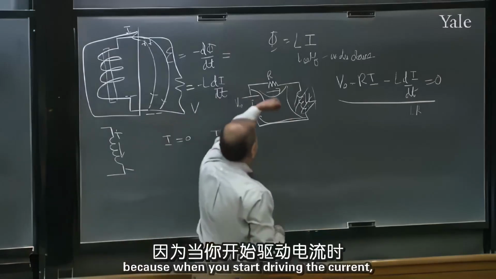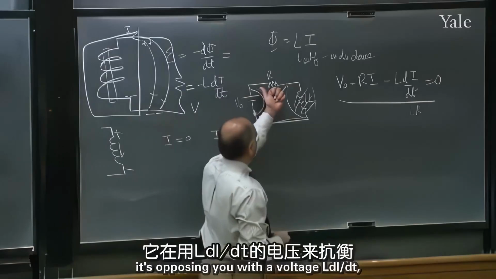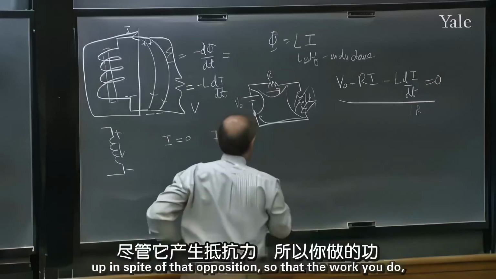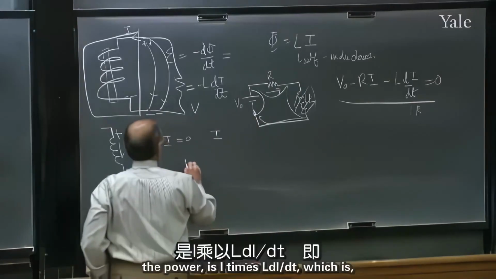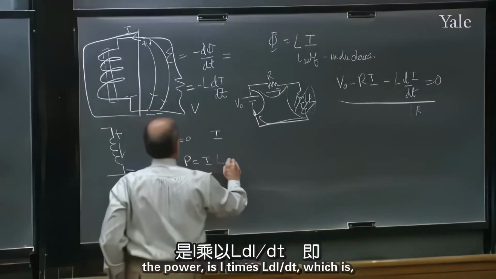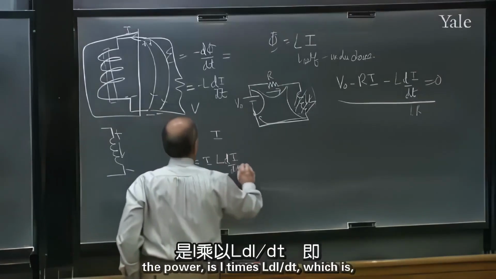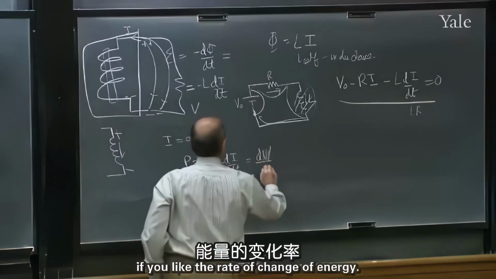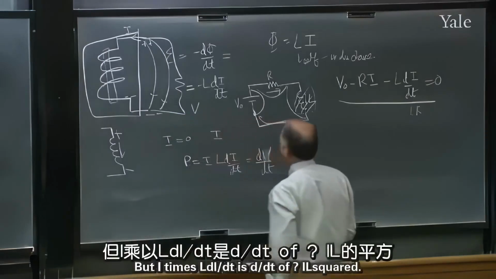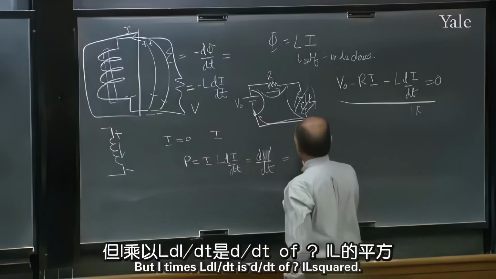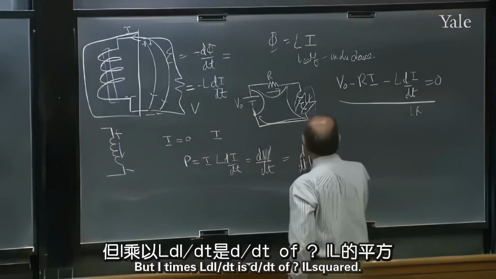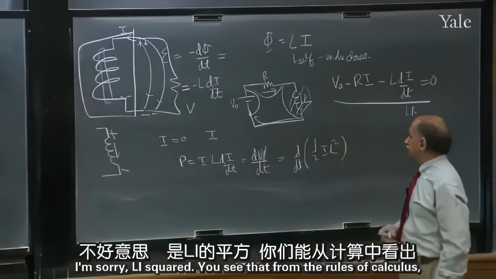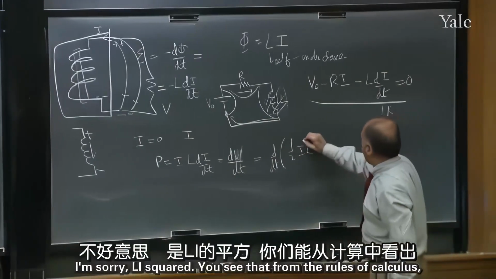Because when you start driving the current, it's opposing you with a voltage L di/dt, and you're ramming the current up in spite of that opposition, so that the power is I times L di/dt, which, if you like, is the rate of change of energy. But I times L di/dt is d/dt of 1/2 L I squared.